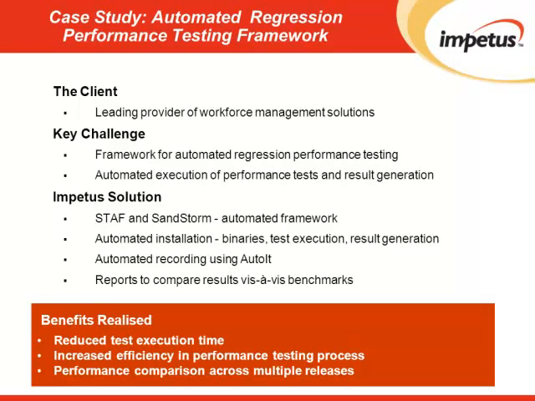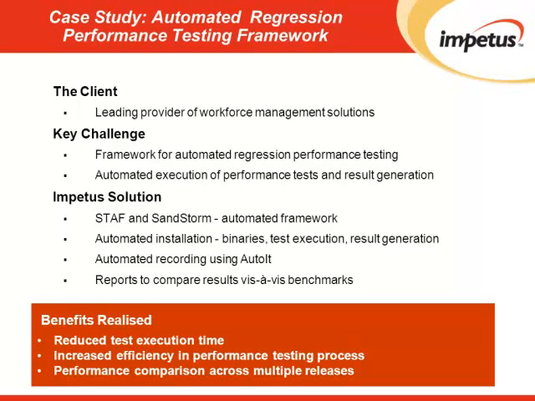The offshore performance engineering team worked in close collaboration with the client team to define the requirements for this automated framework. Based on extensive research and POCs, the team selected STAF, an open-source software test automation framework, and SandStorm, Impetus's flagship performance testing tool, to use for this project.